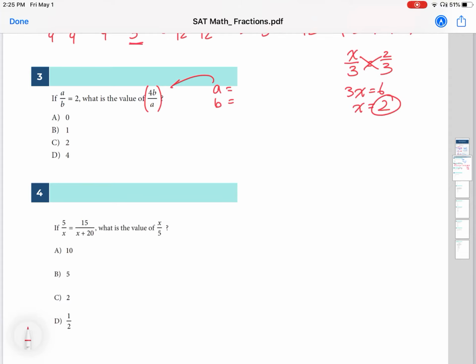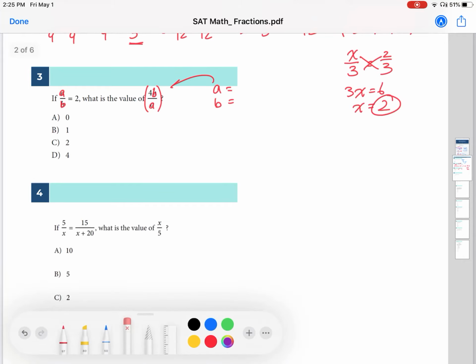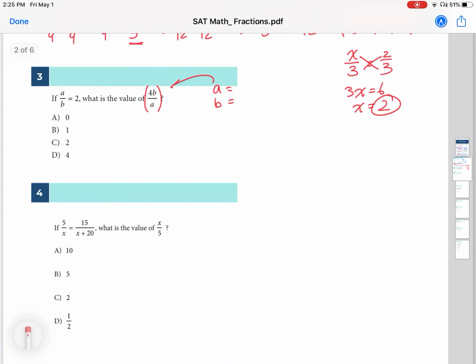You might notice that this is b over a, and the other one is a over b. So with the first fraction they gave me, a over b equals 2, aka 2 over 1, I can flip both sides. I can reciprocate both sides, so I can say that b over a equals 1/2.